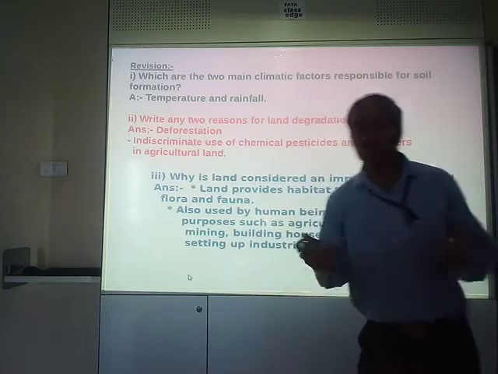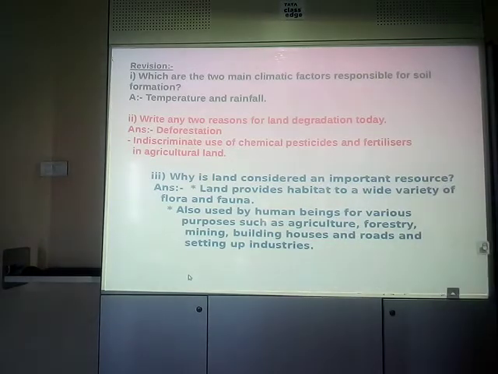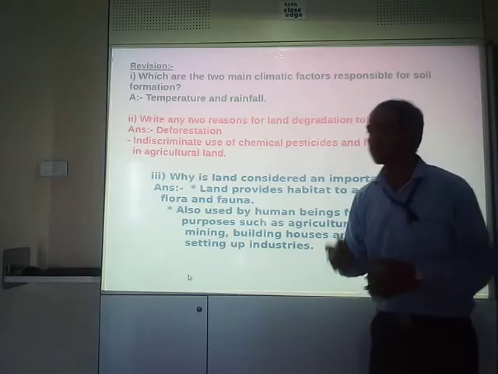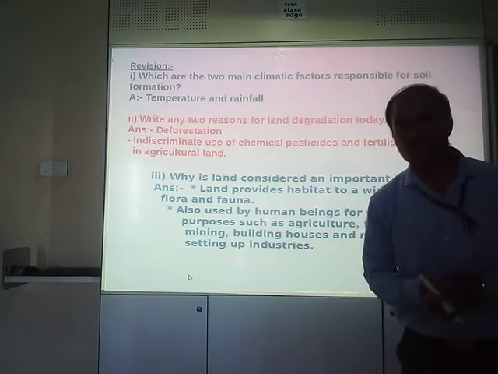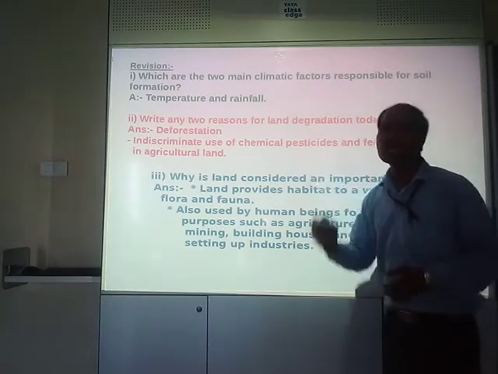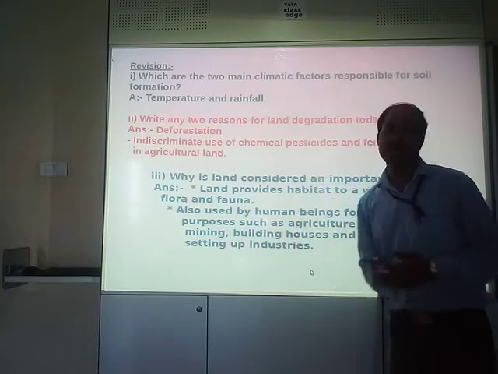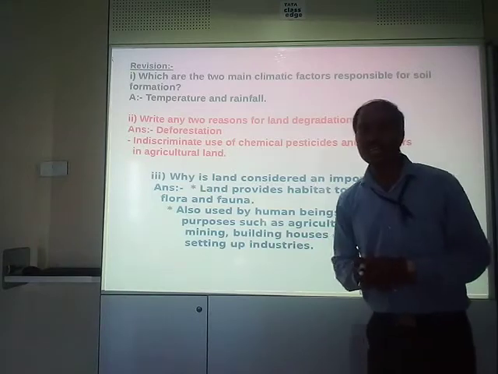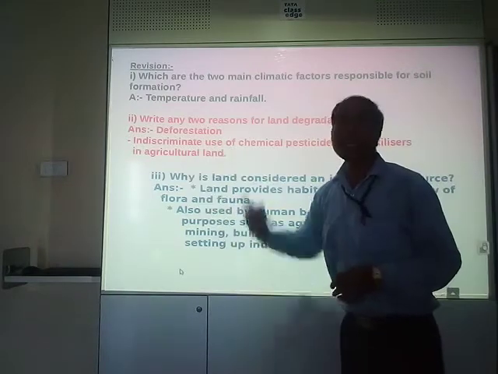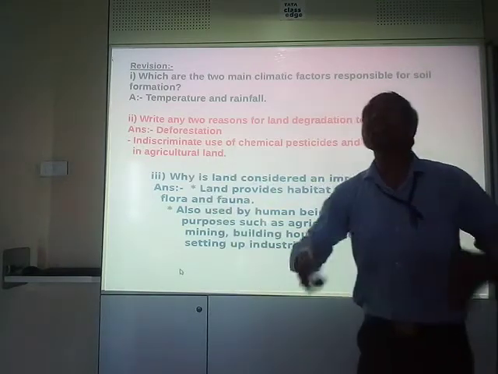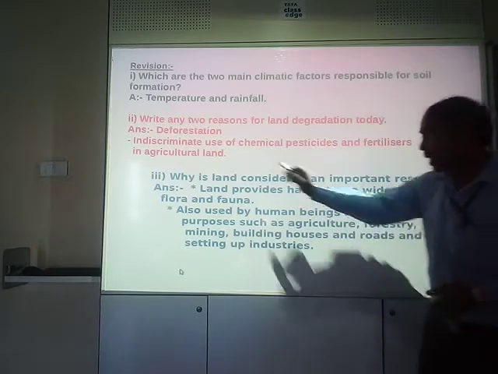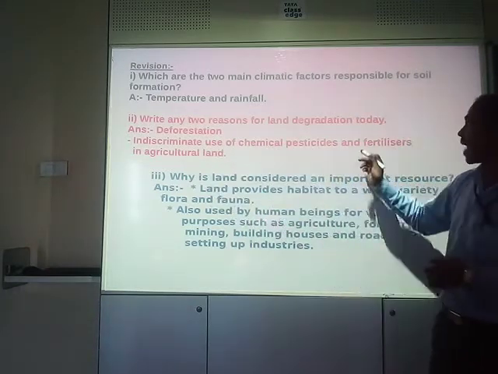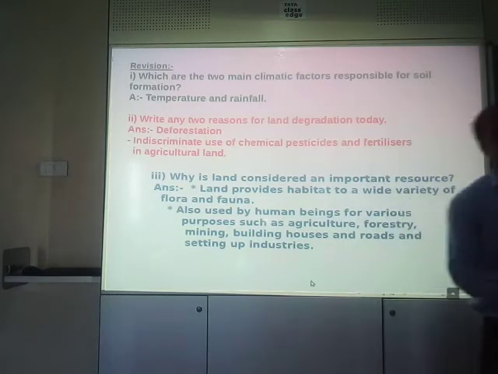First factor is deforestation. What is the meaning of deforestation? Yes, it is cutting down of trees. If we cut down trees in large numbers, that will lead to land degradation. Correct? Another factor that leads to land degradation is indiscriminate use of chemical pesticides and fertilizers in agricultural land.